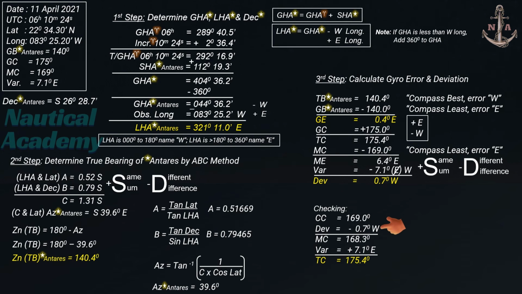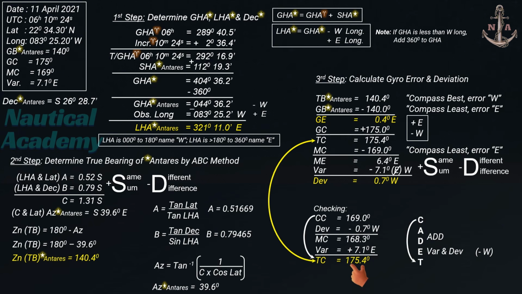When applying the errors, a simple way to remember is by using the cadet rule. From compass to true, add easterly variation and deviation. If westerly, subtract. By applying this, we obtain a true course of 175.4 degrees, which matches the value previously calculated by applying the gyro error to the gyro course.